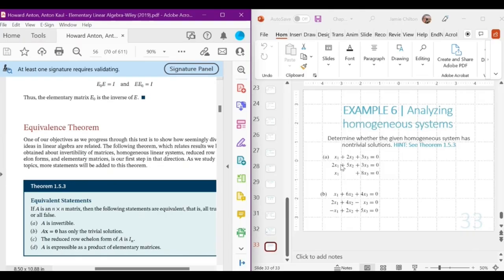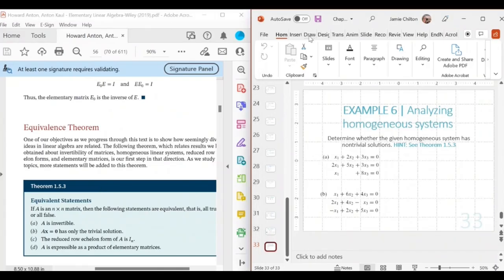As you can see here, here are some homogeneous linear equations in our example 6. So how would we write that in this single matrix equation? How would we end up doing that? Does anybody have any ideas based on what I just showed you?